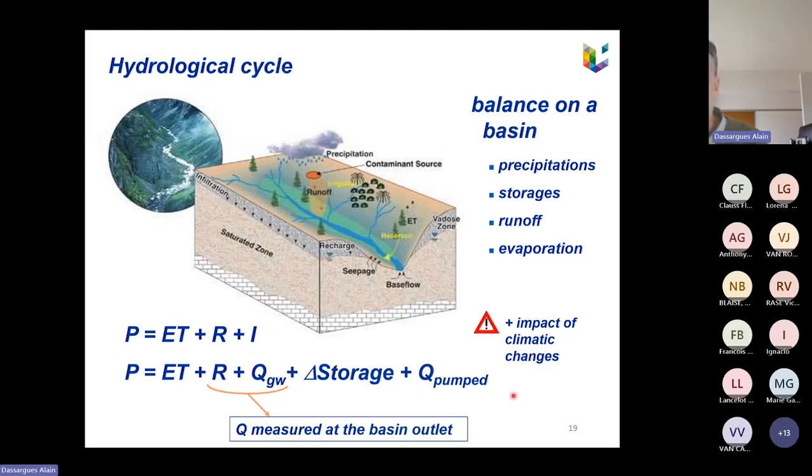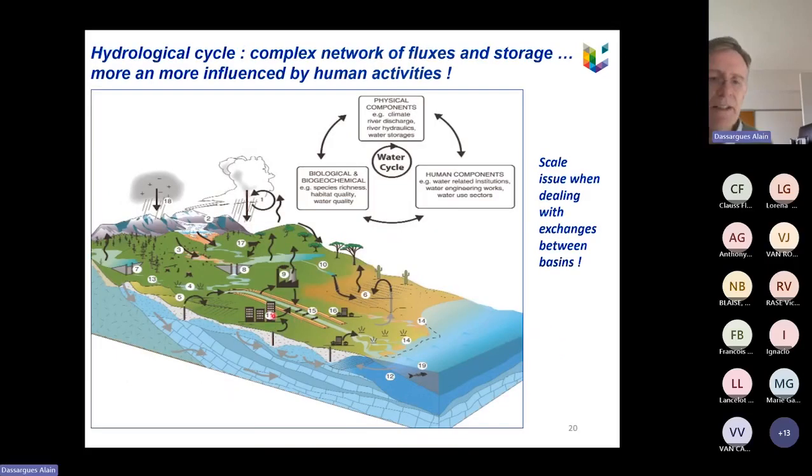Okay, so this is the kind of equation with which I don't insist, of course, but this is the kind of things that are done for each basin everywhere in the world. Indeed, our human activities are using water, consuming water.